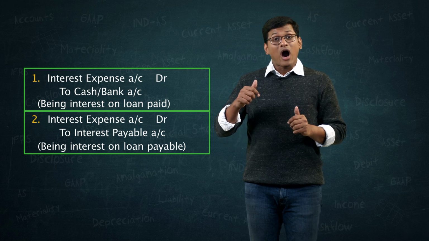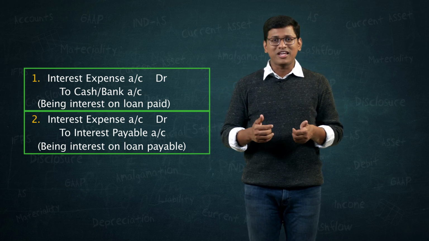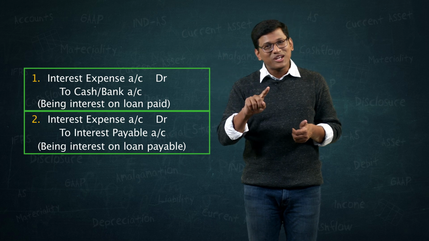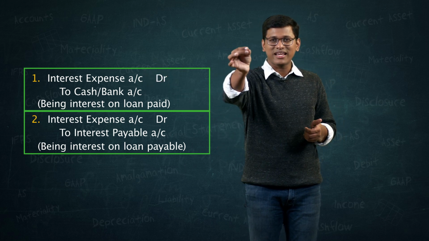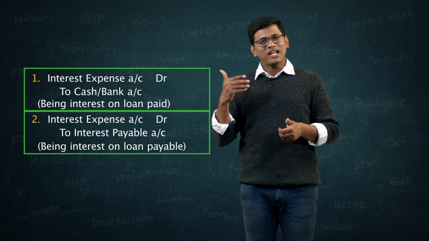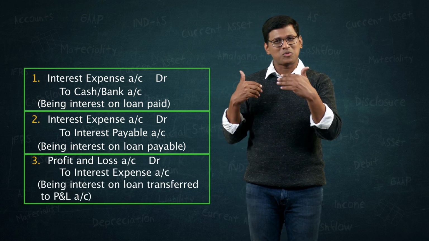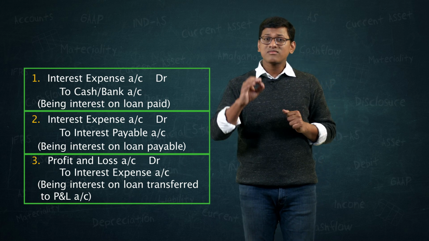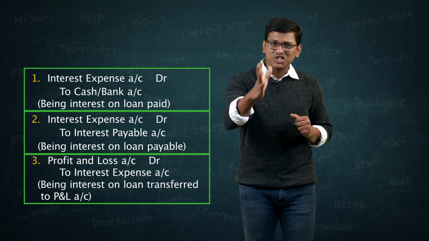Now, after passing this entry, you will pass one more entry where that interest expense you generally charge off to P&L. So that interest expense you will take and directly drop into P&L. P&L account debited to interest expense. So in this entry, interest expense will be transferred to P&L. Normally, interest expense will be charged off to P&L.